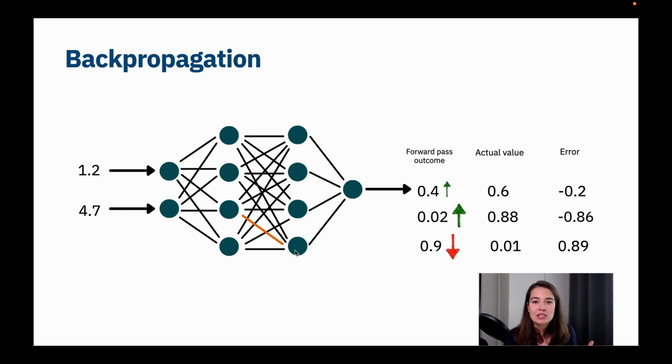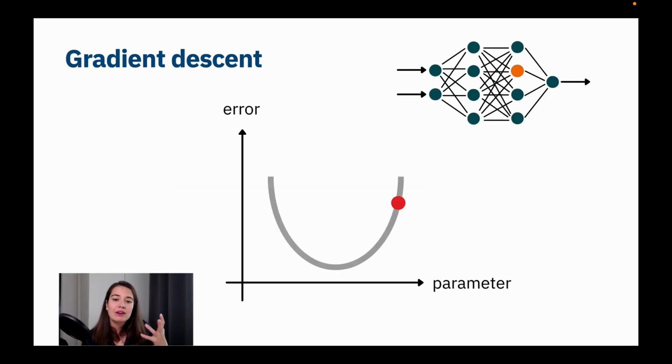And once we have this information, what we have is basically kind of like a graph. We will have it for each of the parameters. We will probably have them in one big graph also. But let's say we're only talking about the parameter of this one neuron, then we will have a graph in front of us that shows us, based on how much I change the parameter, how much the error will change.